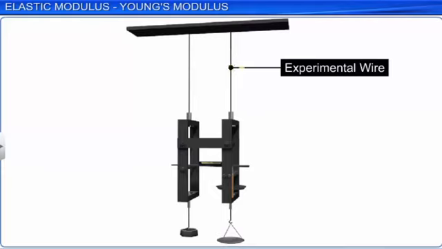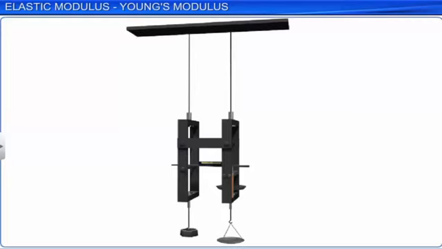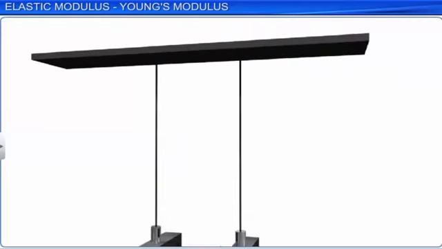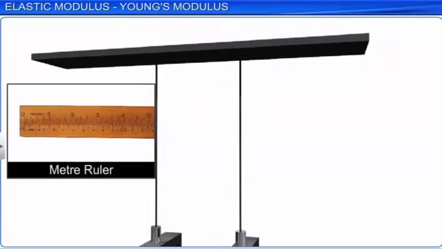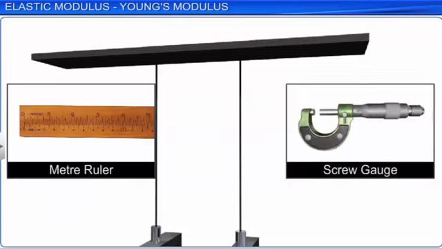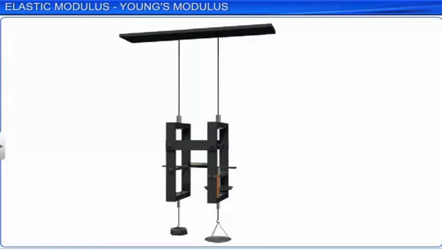The frame on the experimental wire has a short main scale, calibrated in millimeters, against which a micrometer screw moves. One end of the spirit level rests on the tip of the micrometer screw. The micrometer screw is moved to make the spirit level horizontal, and the micrometer reading is noted.